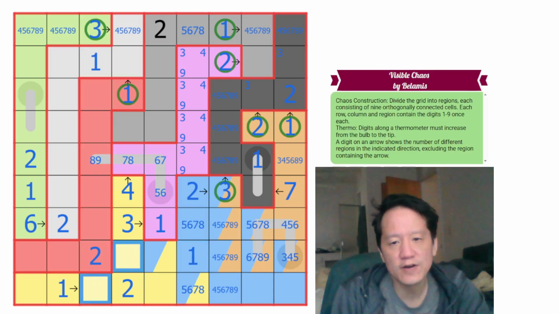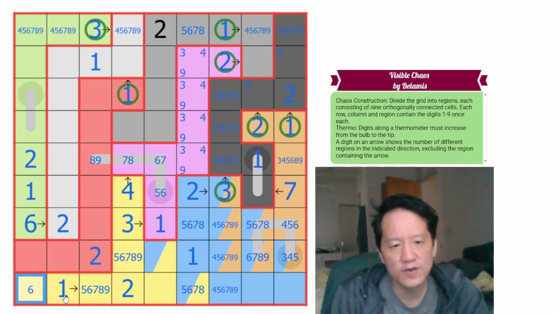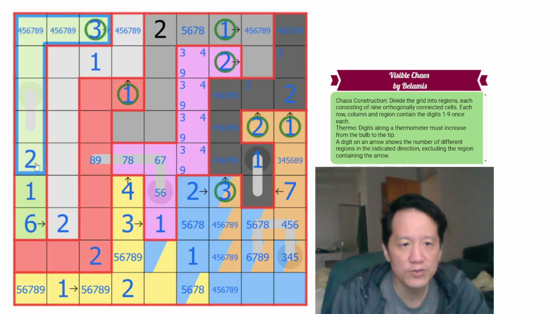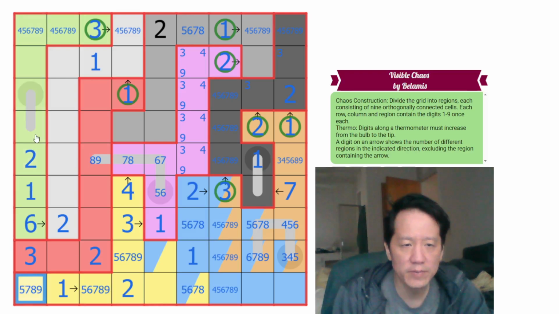This has to be 5 through 9. This is 5 through 9. This cannot be 3 anywhere here, so this one has to be a 3 here. Because where's the 3 otherwise? Can't be any of those. This is a 6, which means none of these can be 6. So this has to be 4, 5, 7, 8, 9, and therefore one of these is a 4, so this can't be 4.